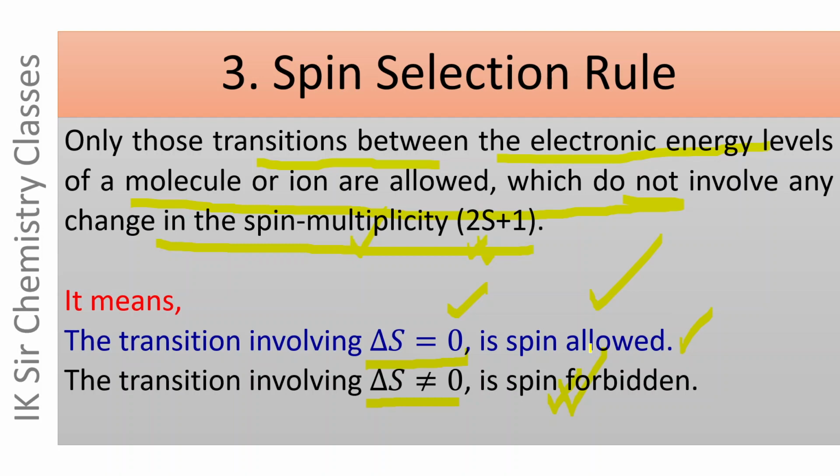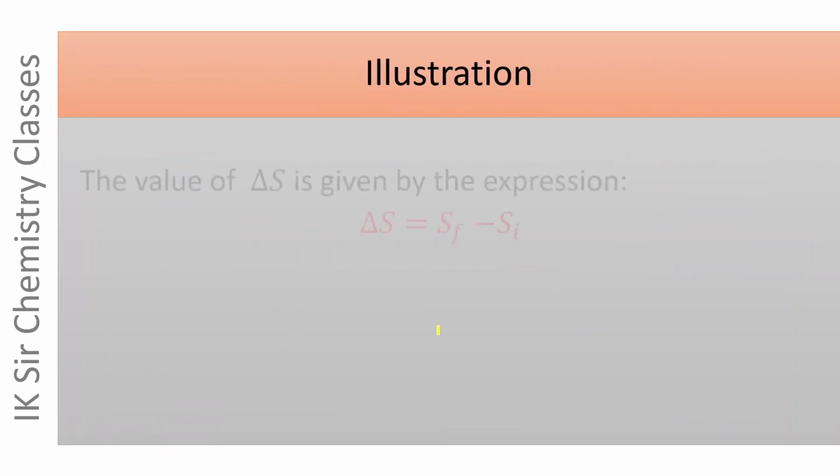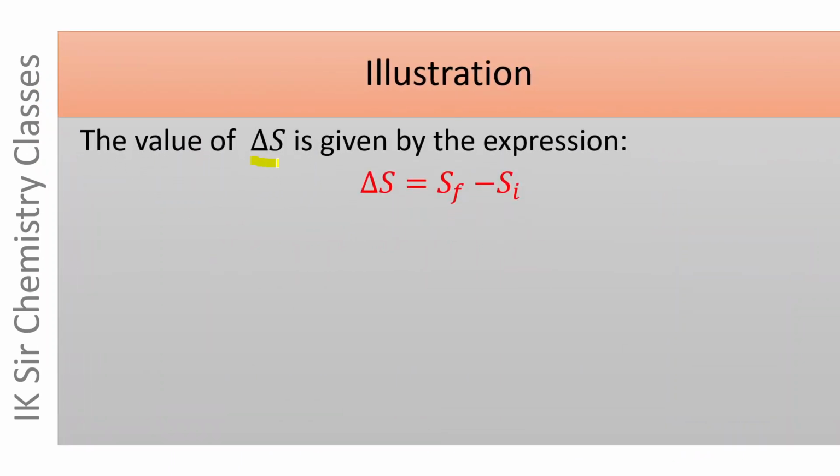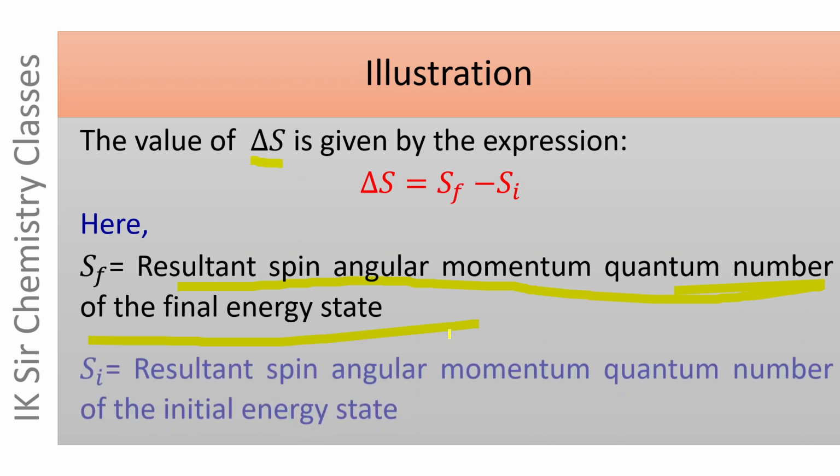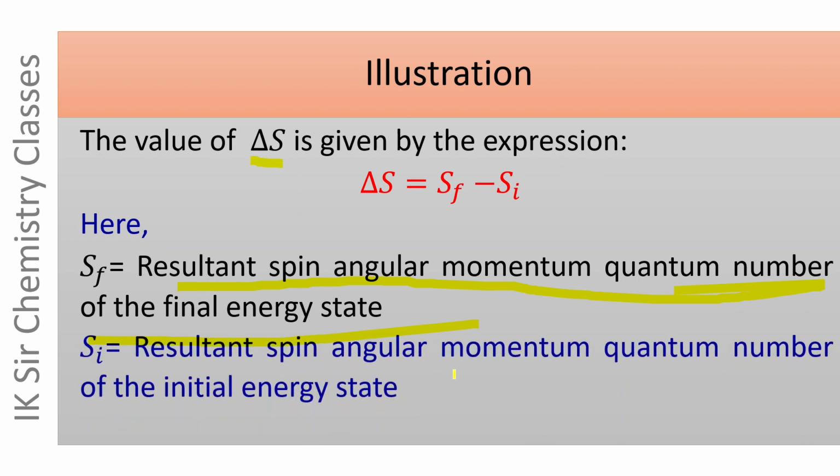Only those electronic transitions will be spin allowed which involve delta S equals 0, that is no change in S or spin multiplicity. The value of delta S, that is the change in resultant spin angular momentum quantum number, is given by delta S equals Sf minus Si. Here Sf is the resultant spin angular momentum quantum number of the final energy state, and Si is that of the initial state.